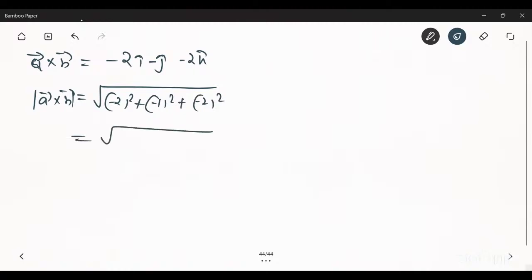That means 4 plus 1 plus 4, which is equal to 9. Under root 9 means 3 square unit will be the answer of the question.